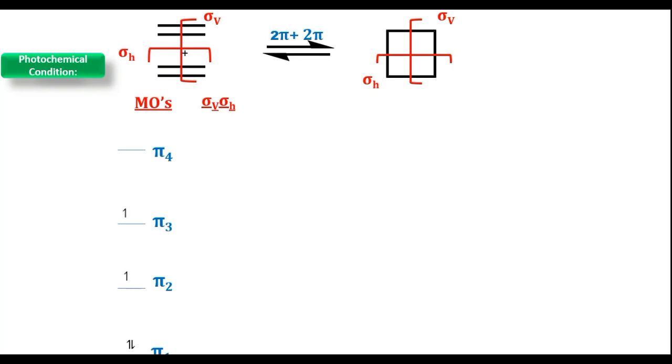Okay, symmetry elements, have you remembered? Pi 1 is symmetric, pi 2 is asymmetric, pi 3 is symmetric, pi 4 is asymmetric and asymmetric.